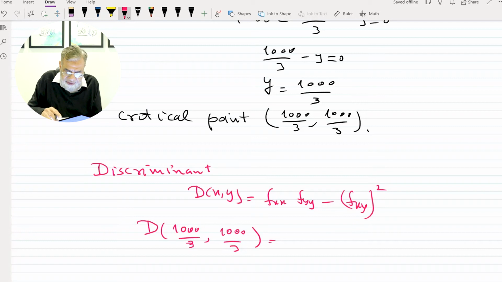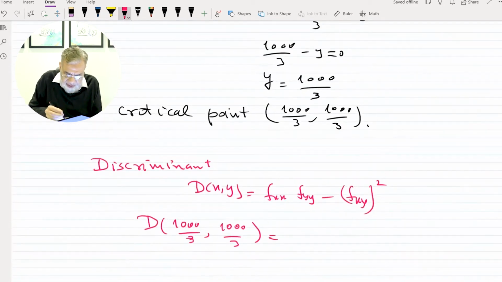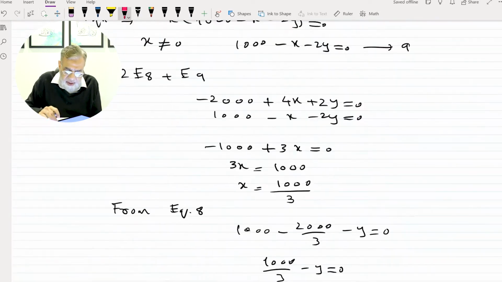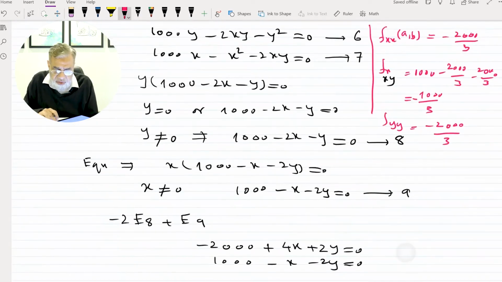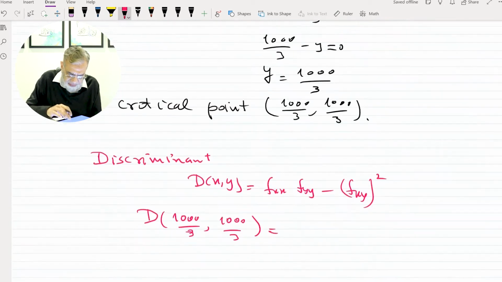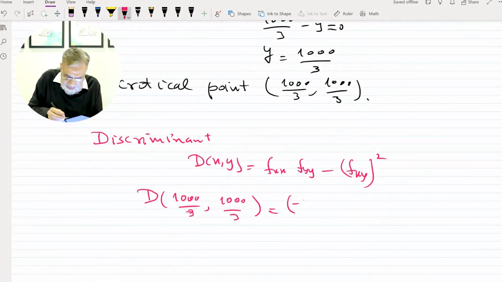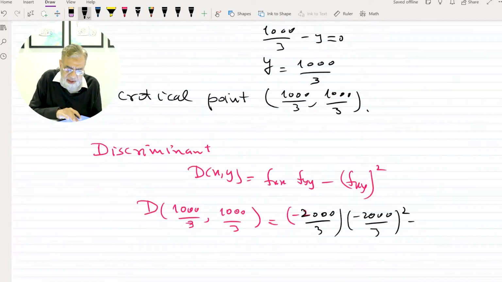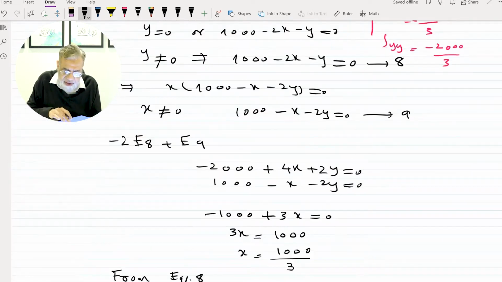And the value of f of xx is minus 2000 by 3, and f of yy is minus 2000 by 3. So I get minus 2000 by 3 multiplied by minus 2000 by 3, minus f of xy whole square.